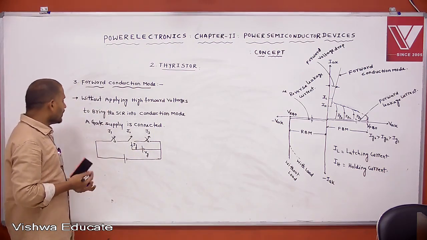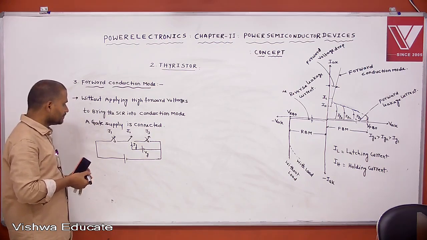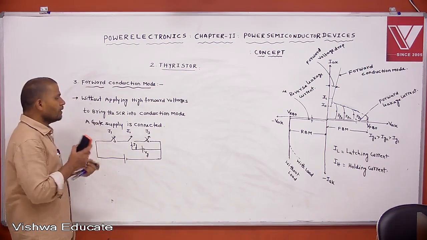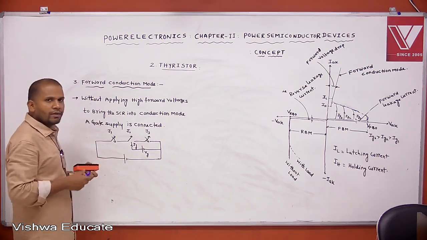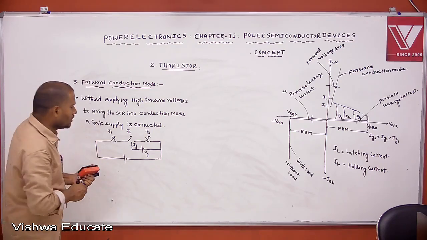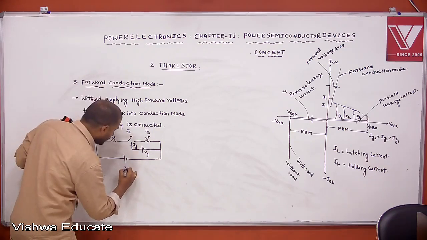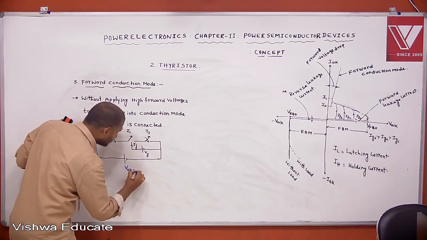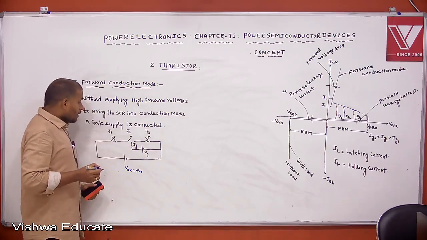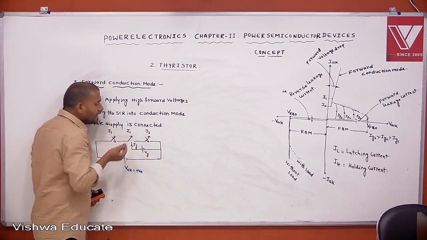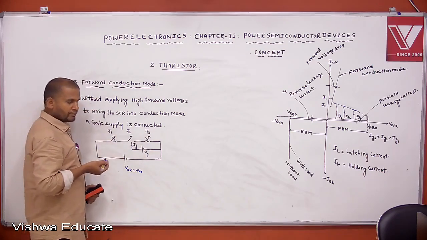Now if the gate is connected, what happens? The SCR is under the forward blocking mode, where VAK is positive. Under forward blocking mode, if the gate supply is given to the SCR, what happens? J1 is already closed, J3 is already closed, but J2 is open.